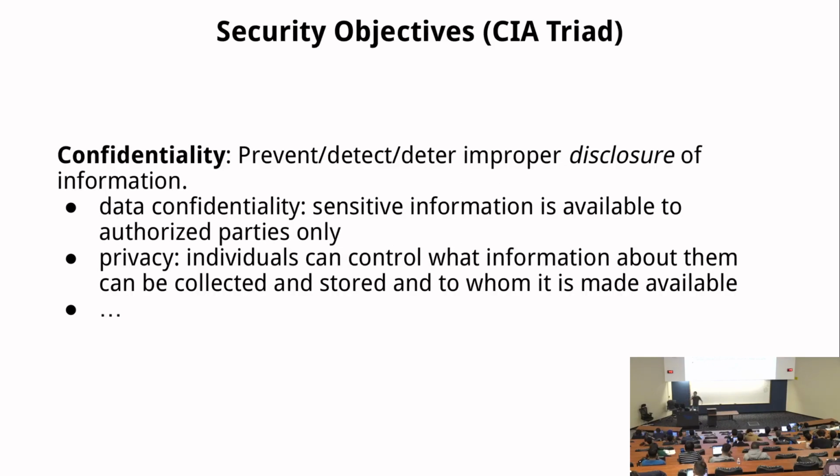First of all, confidentiality is about how we prevent, detect, or deter improper disclosure of information or assets. Here I use the words prevent, detect, deter, or even recover from. Those are different stages for a defender.